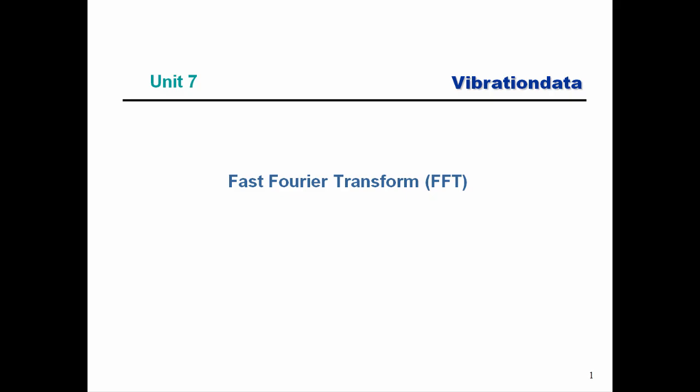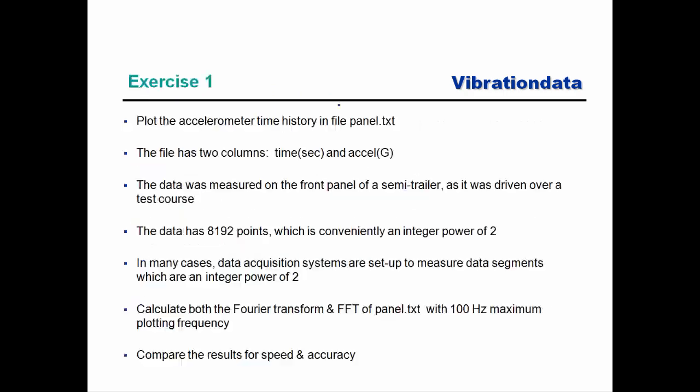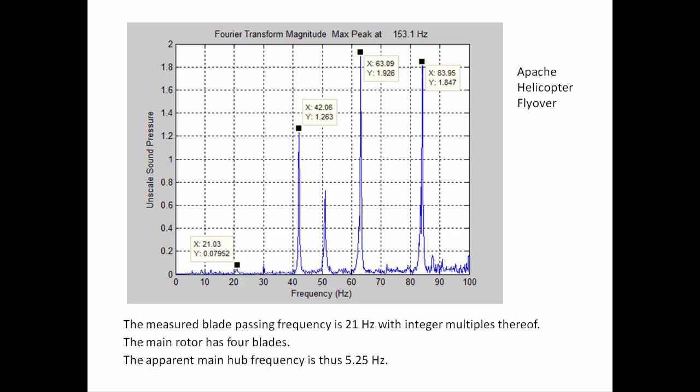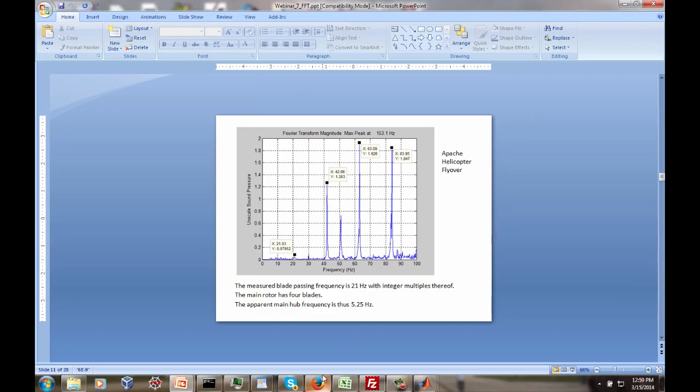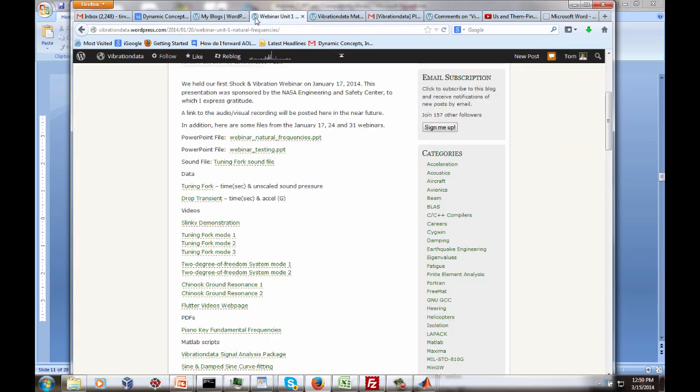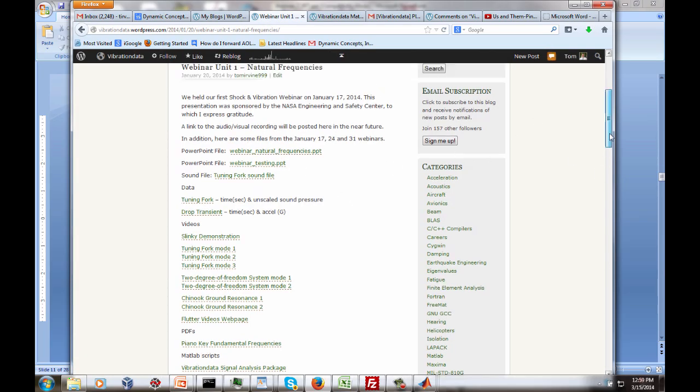Again, I encourage you to go through these exercises and do the Apache helicopter on your own. The file names are duly noted in the PowerPoint slides. And you can just go to the vibration data blog and pick off those data samples. Now, here's a previous unit.